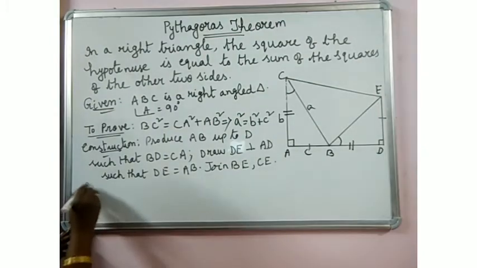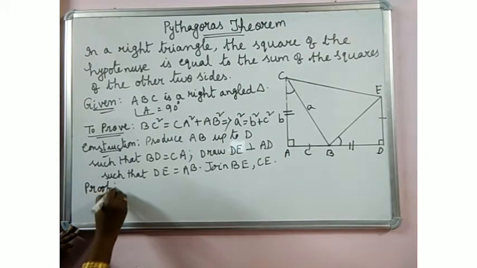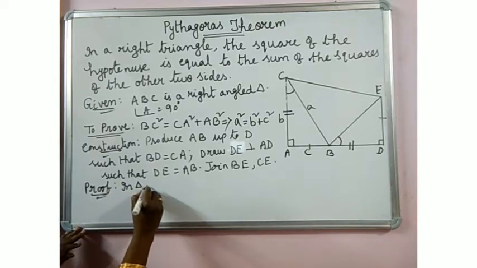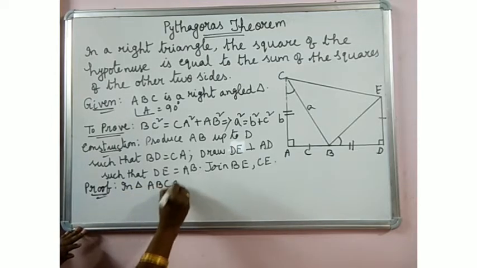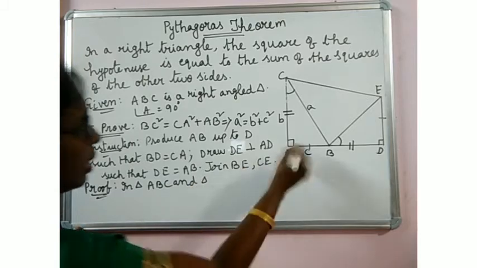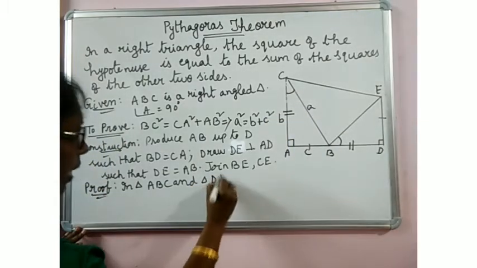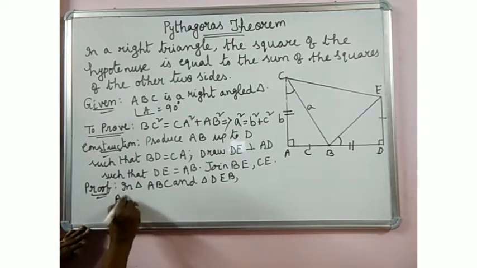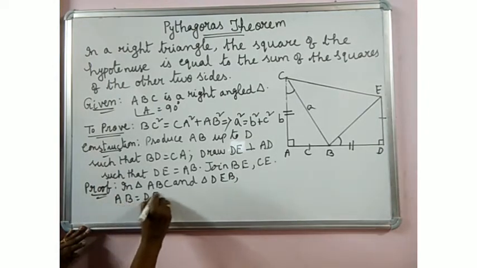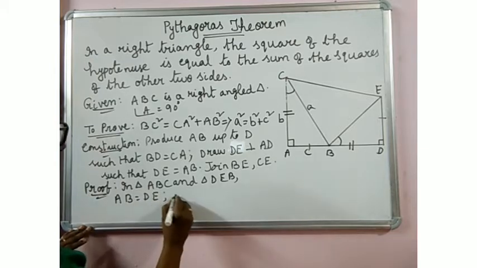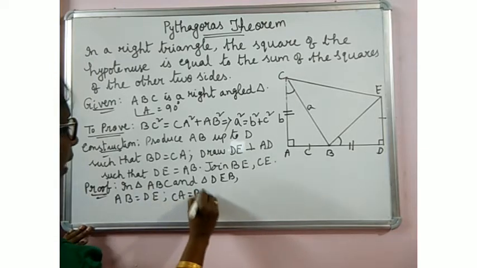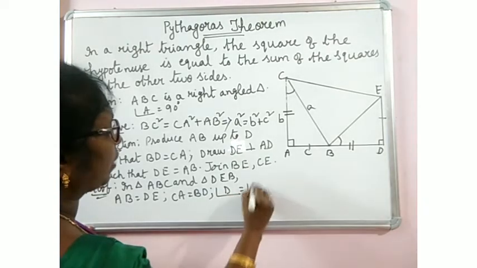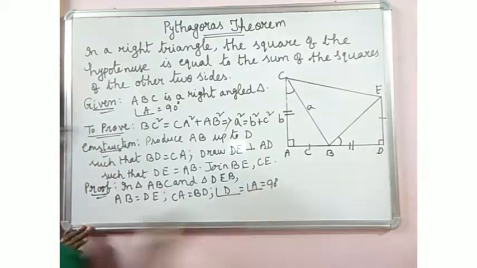Let me do what I have explained for you. In triangle ABC and triangle DEB, what we have written: AB is equal to DE, CA is equal to BD, and angle D is equal to angle A, 90 degrees.